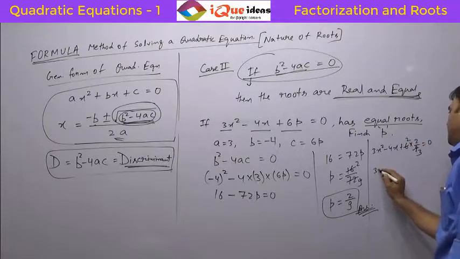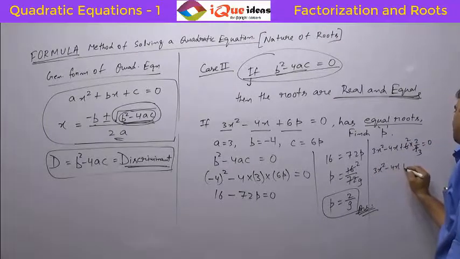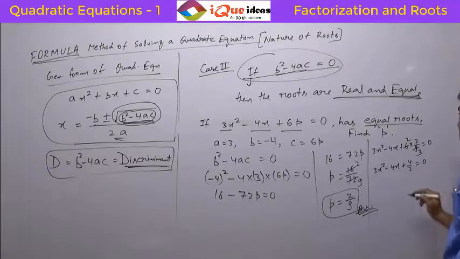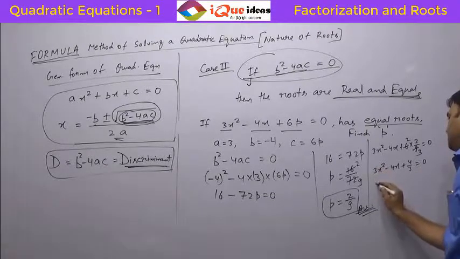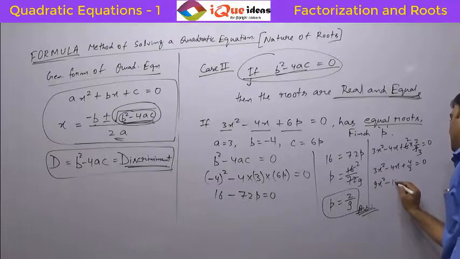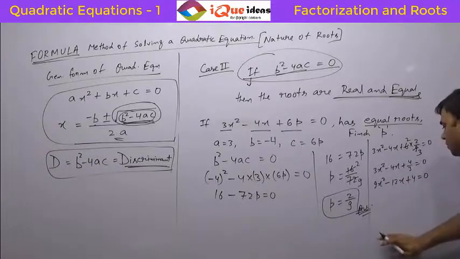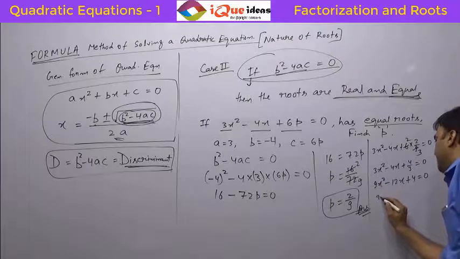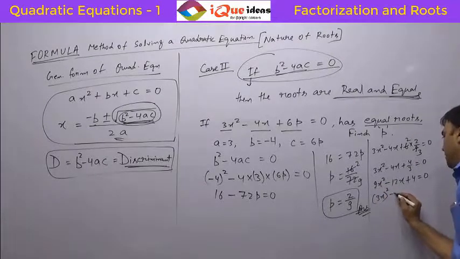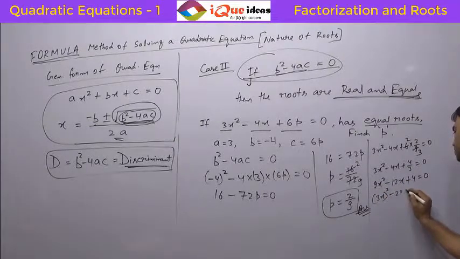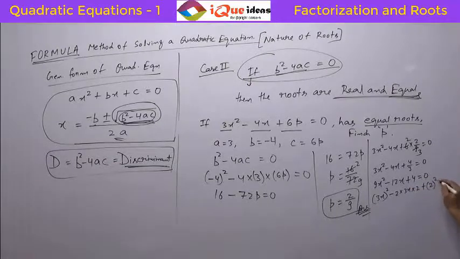So we will have 3x square minus 4x plus 4 by 3 equal to 0. Now multiply by 3, it becomes 9x square minus 12x plus 4 equal to 0. Now if you look at this closely, 9x square is 3x whole square, minus 12x is 2 into 3x into 2, and 4 is 2 square, that is equal to 0.